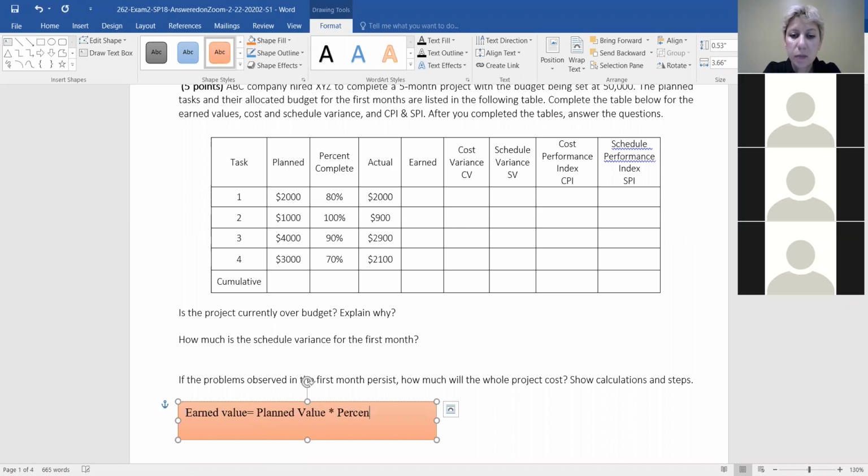Why don't you go ahead and complete the first column, percentage complete. Please do not do anything with my keyboard, because last time in the other section I lost control of my keyboard. So Matt, you're going to do the first column, earned value.